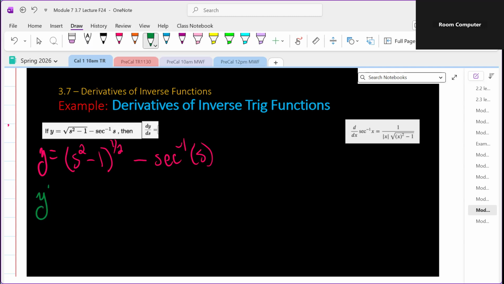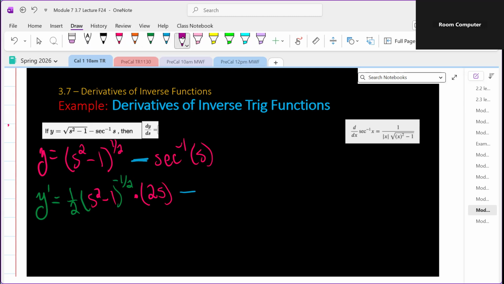So now when I start working my derivative, the derivative of this square root thing is going to be 1/2, keep the thing the same, to the 1/2 minus 1, which is the -1/2 power. And now we do times the derivative of the inside, which is 2s. Then minus, because we had a minus between these two pieces.